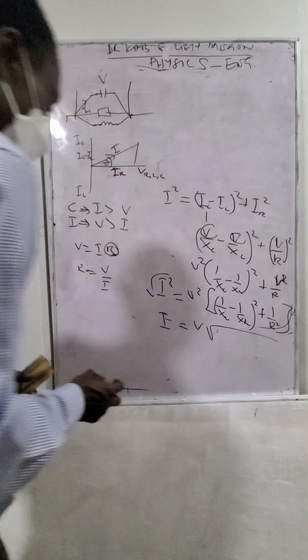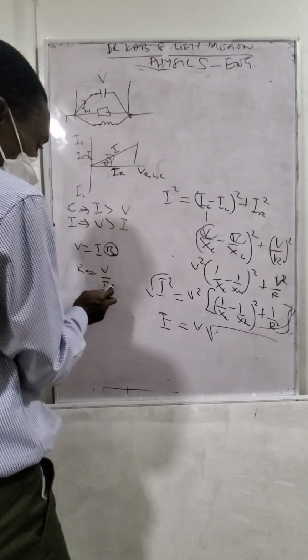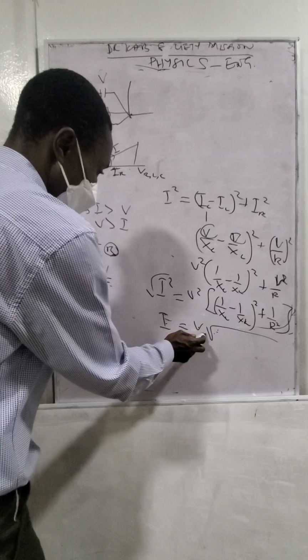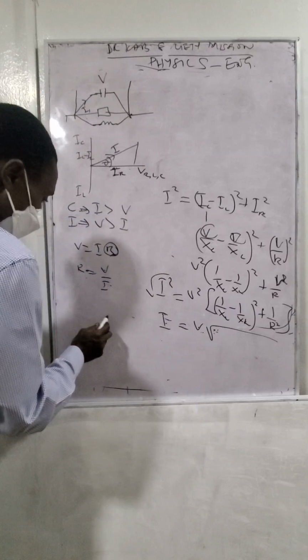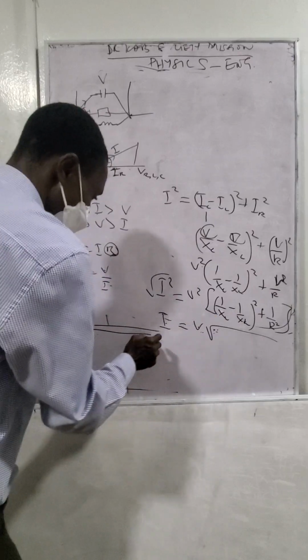Since we are interested in V over R, we let this come here, and this multiply, so it comes and divides. So it will be 1 over this whole expression that we have here.